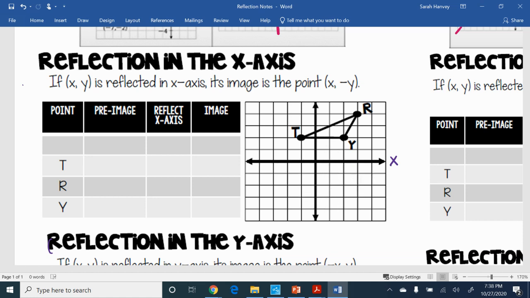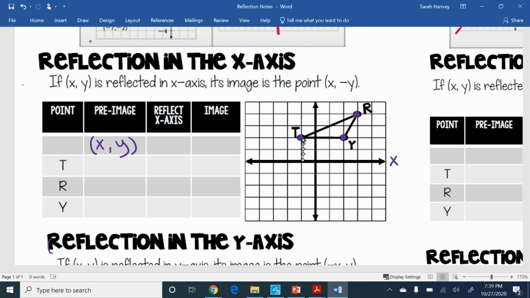to land over here. So the first thing we're going to do is find the coordinates of our pre-image. So we're going to figure out where T is, and it doesn't matter the order, R and Y. And so we know that it's going to be the x comma y. We've got to give our x coordinate and our y coordinate.